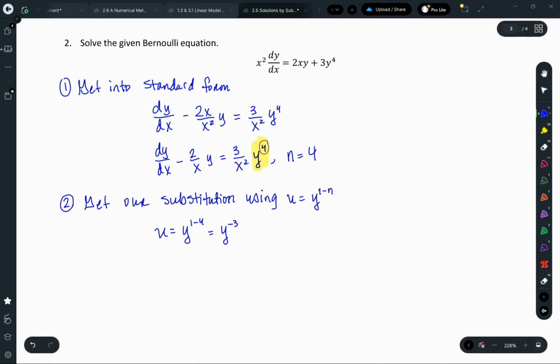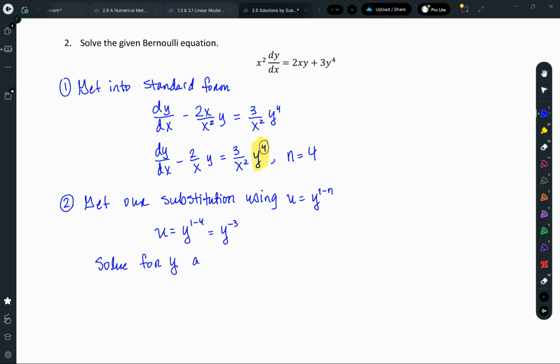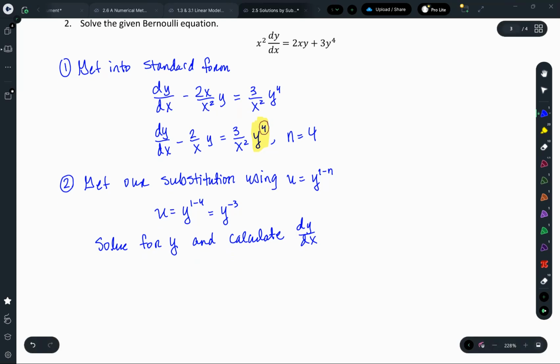So the next thing is to solve for y and calculate dy/dx, okay? In u equals y to the negative 3, what I could do to solve for y is raise both sides to a power that ensures that the y will be left standing alone.